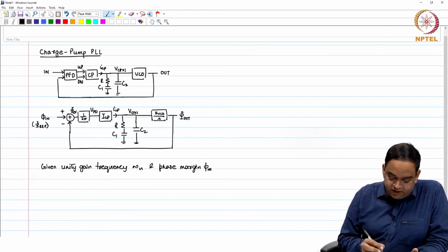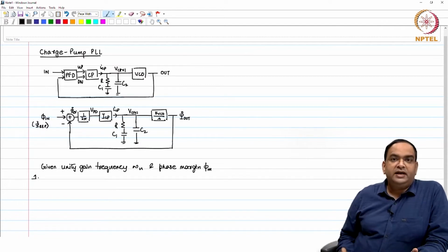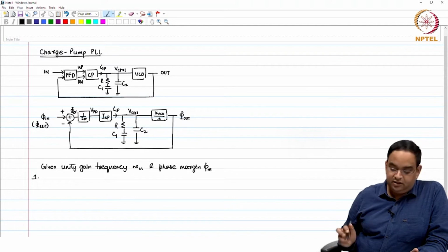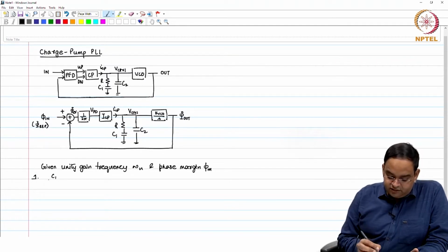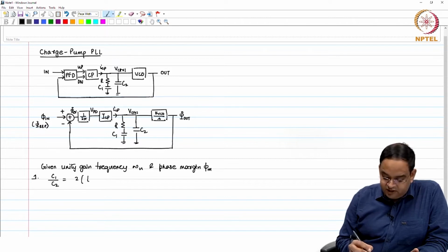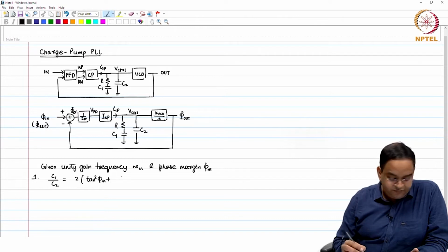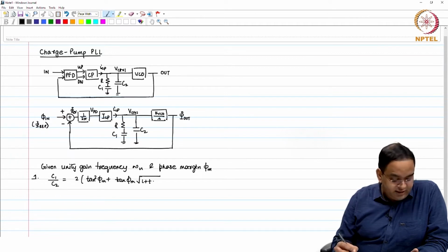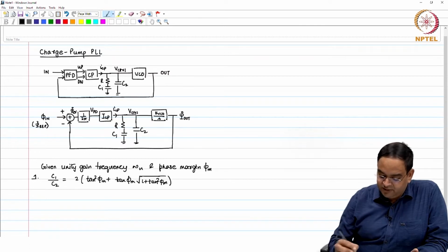The steps included: first, the calculation of C1 by C2 ratio depending on your phase margin. So, we did that, and this turned out to be 2 times tan square phi m plus tan phi m times the square root of 1 plus tan square phi m, where phi m is the phase margin.